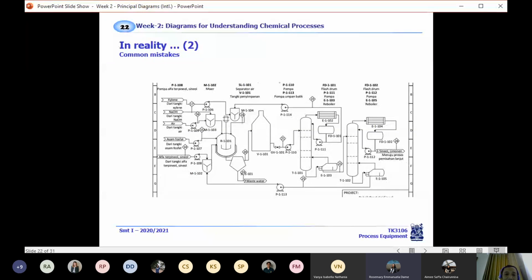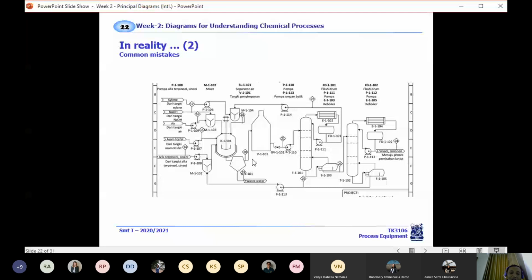In this PFD there are no tables, and the flow inlet and outlet are from everywhere. First impression when we look at this PFD is that it's very crowded and difficult for us to understand. The space between one unit and the other unit is very, very close to each other.